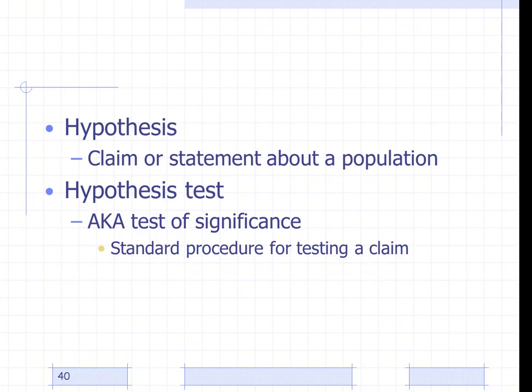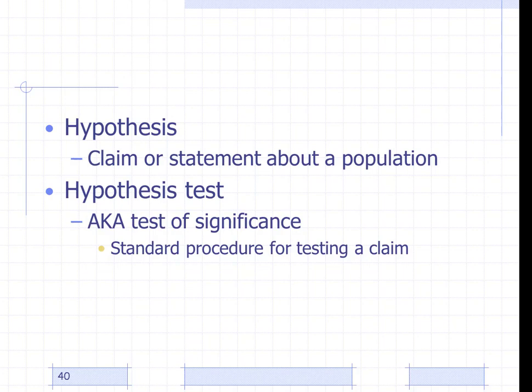So in the last lecture we talked about chicken pox, and we had a previous study that said 95% of adults have had chicken pox. That's a claim. And so we can test, is that true or is it not? Do we have evidence to support that statement or don't we?